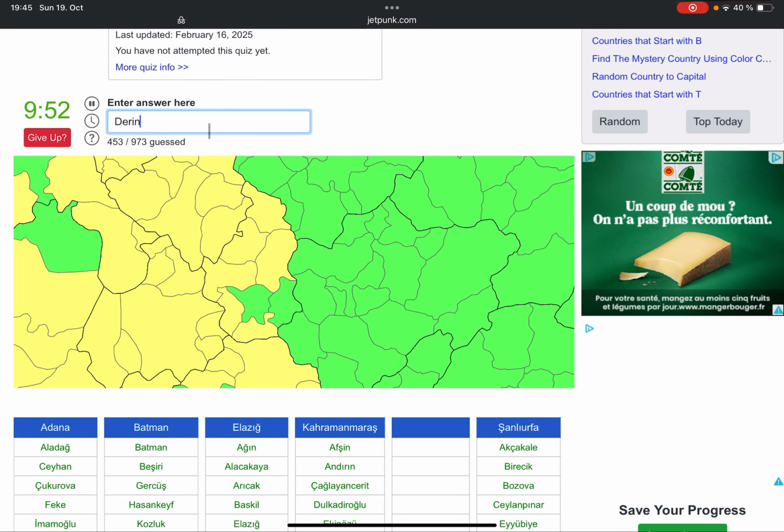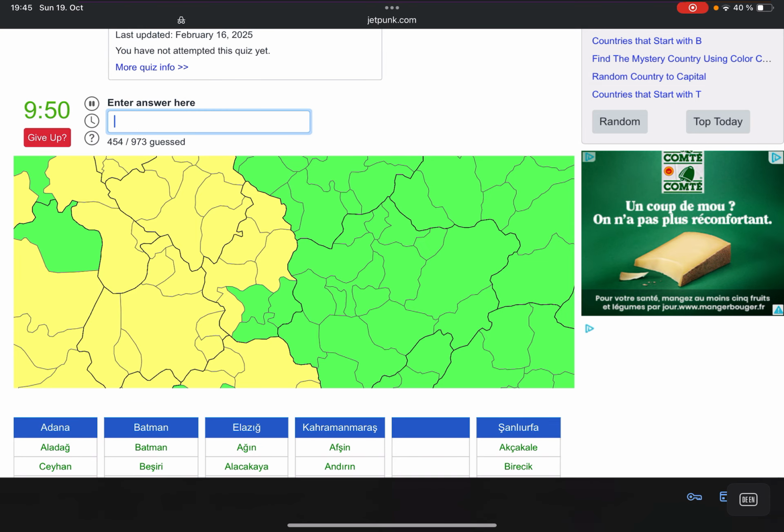So Derinkuyu, Acıgöl, Avanos, Kozaklı, and Hacı Bektaş.